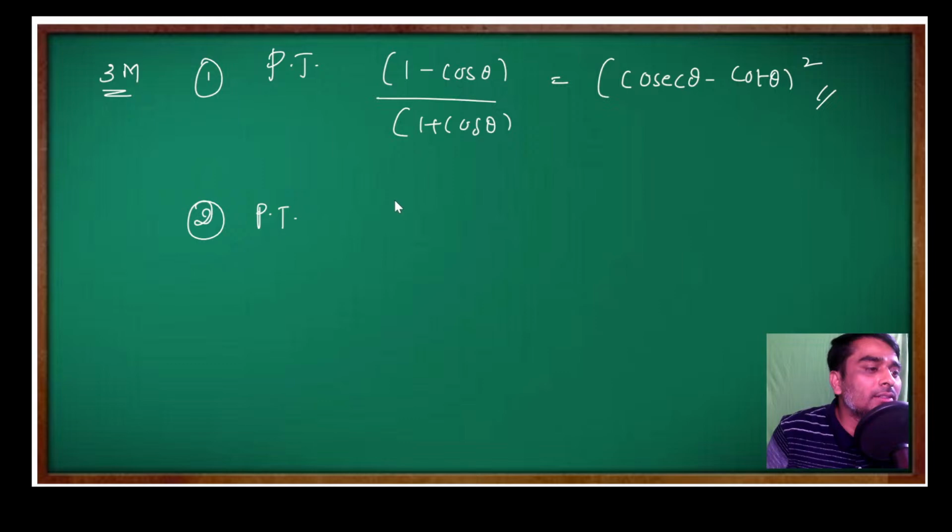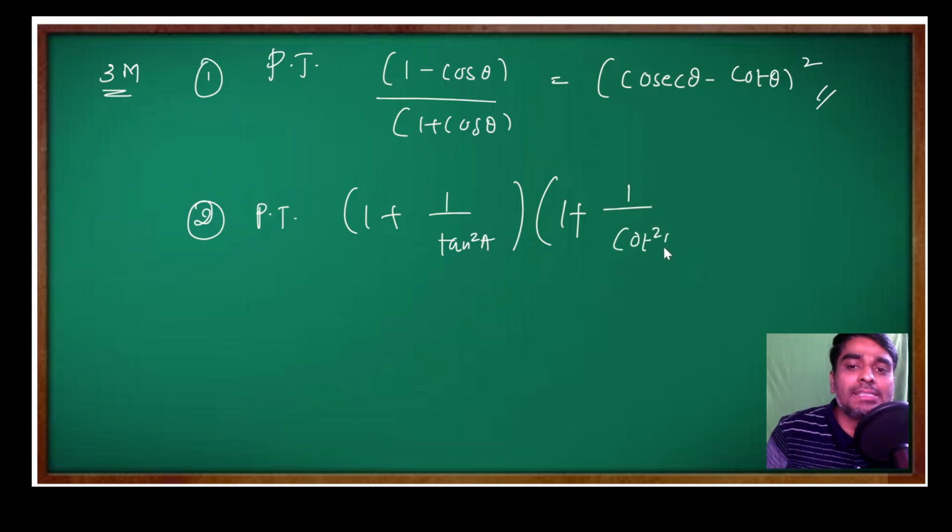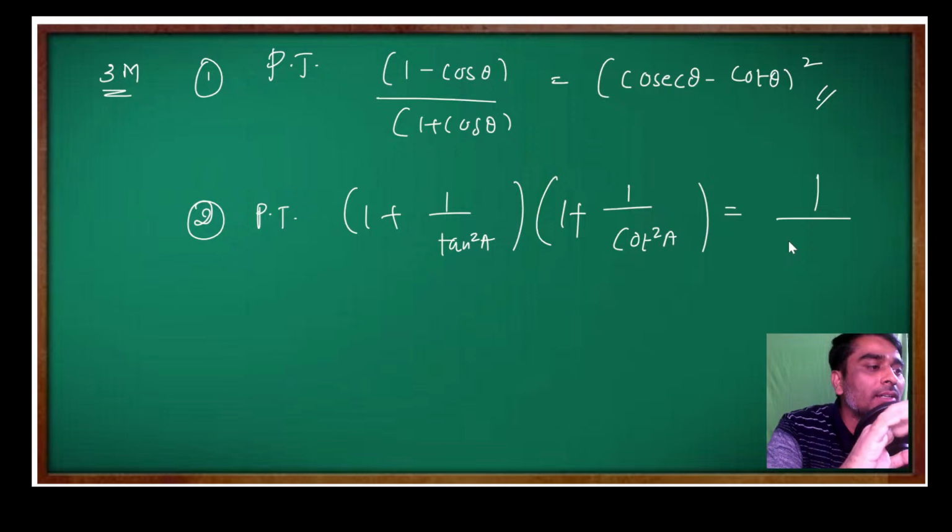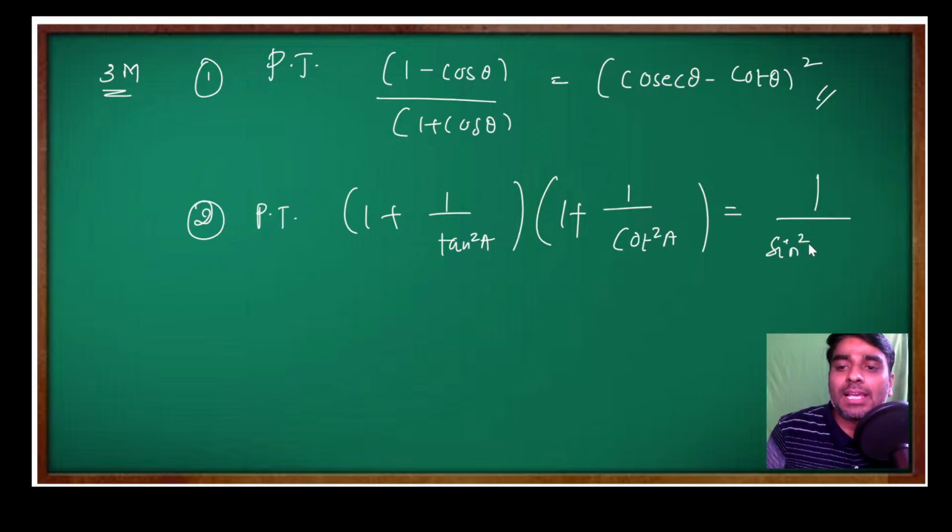Prove that 1 plus 1 by tan square A, divided by 1 plus 1 by cot square A, equal to 1 by sin square A minus sin to the power 4A... sorry, sin square A minus sin to the power 4A.